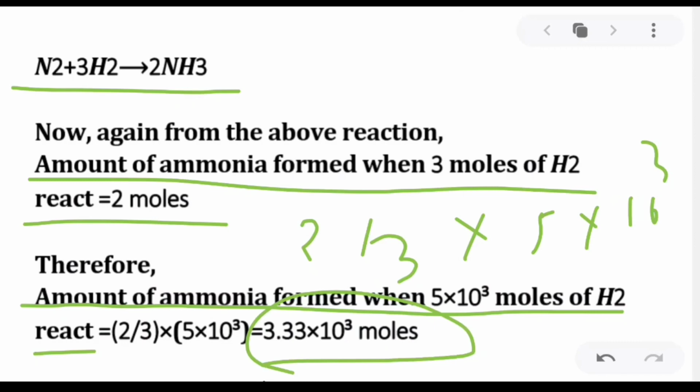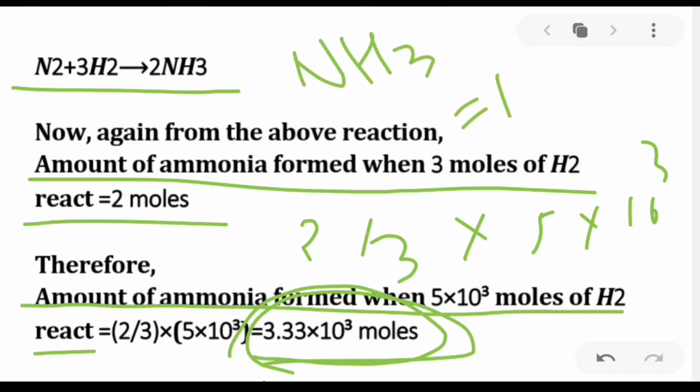Now to convert these moles into kg, you have to multiply this 3.33 into 10 to the power 3 with the molecular weight of NH3. The molecular weight of NH3 is 14 plus 3, that is equal to 17. So when you multiply 17 with 3.33 into 10 to the power 3 moles, you will get the weight of ammonia formed when 50 kg of N2 and 10 kg of H2 are mixed.